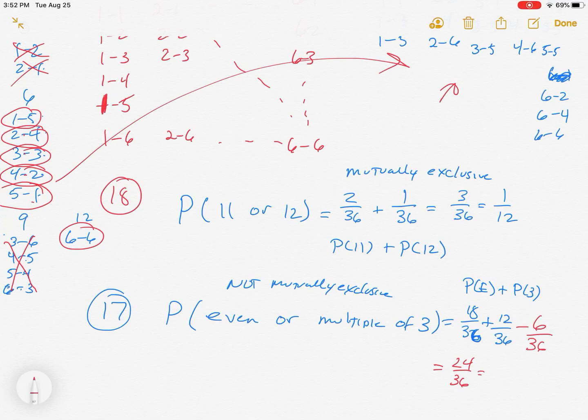And if we think about that, those are both multiples of 6, right? Actually, even stronger than that, multiples of 12. So we could pull out a 12. If I divide by 12, I get down to 2 over 3. And that's the probability of the result being even or a multiple of 3.